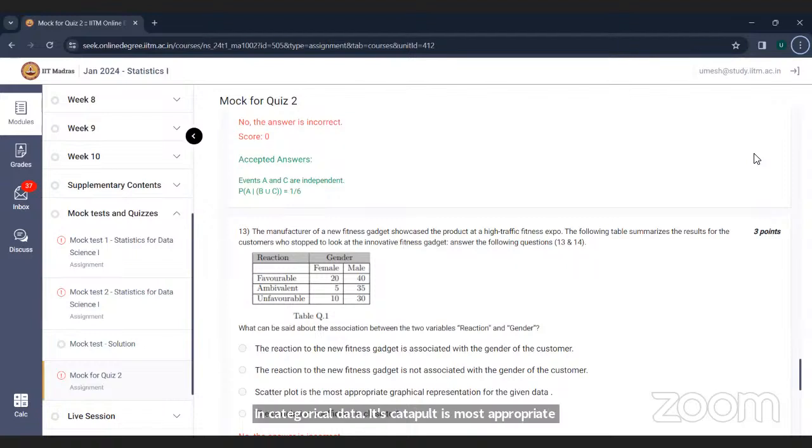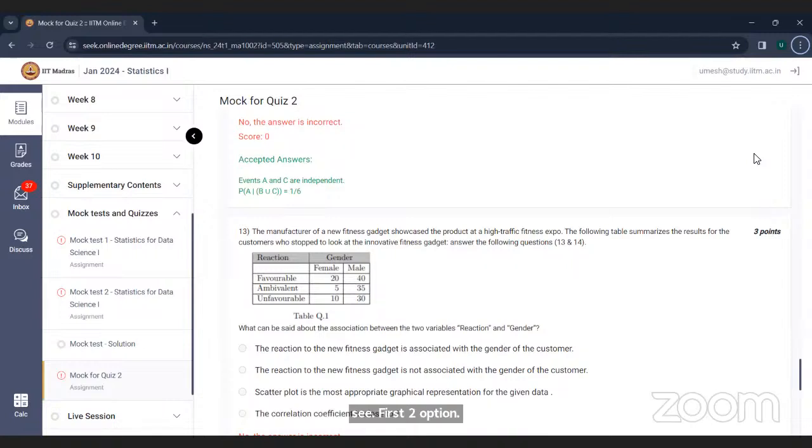No, in categorical data a pie chart or bar chart is more suitable. So this option is also wrong. Now the option about not being associated with gender, and let's see the first two options.